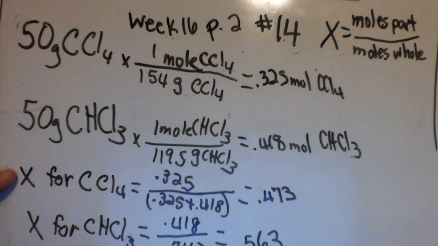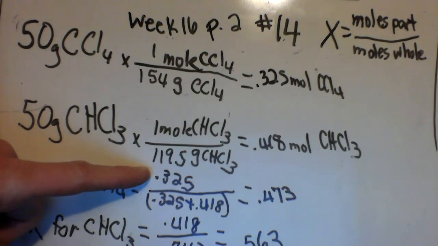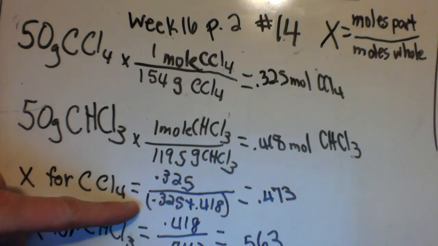So the molar fraction for carbon tetrachloride has the number of moles of carbon tetrachloride on the top, because that's the part we're asking for, and the sum of the number of moles of both parts of the solution on the bottom. Again, if you're going to put this into your calculator, this sum needs to be in parentheses.